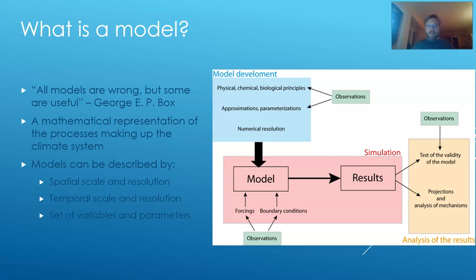So for the climate system, we've got a little diagram there to the side of what goes into creating and using a model. So there's two sides that we are bringing in observations of the actual world into developing our model. So one set of observations helps us to define the basic physical, chemical, biological properties of our world.